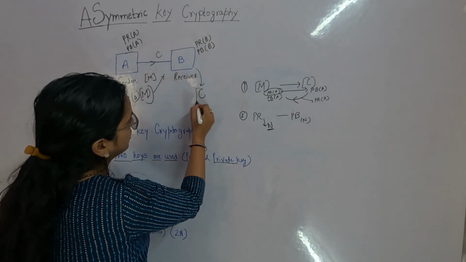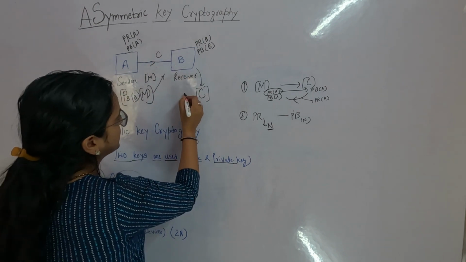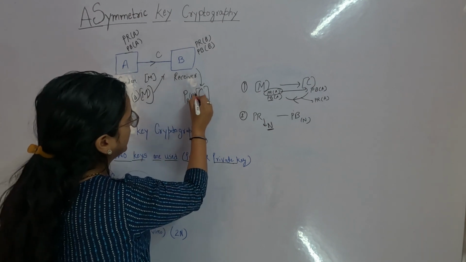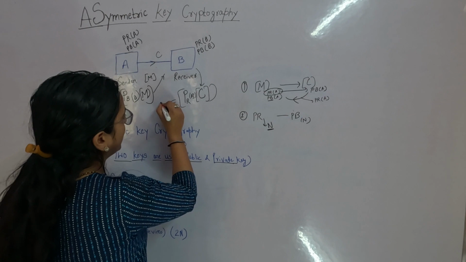So B will decrypt this message with its private key of B, and it will get the message M.